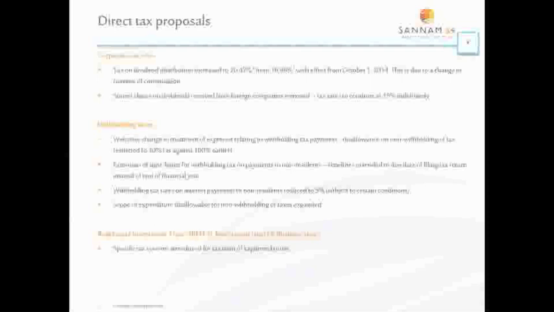Before I get into the direct tax proposals, the challenges with this government, as we all know, it is a very new government, 45 days old when it came to power. The government has to balance the demands and expectations of the corporates and the individuals.